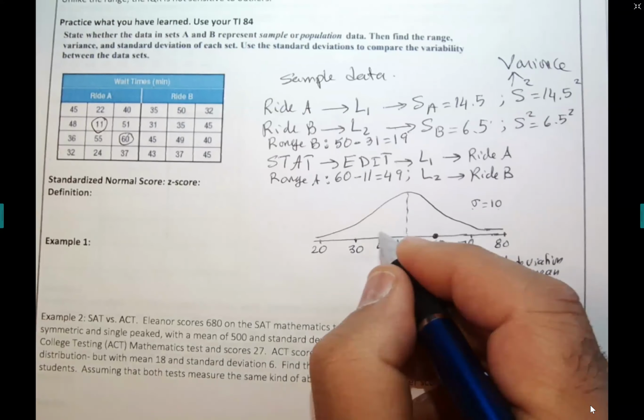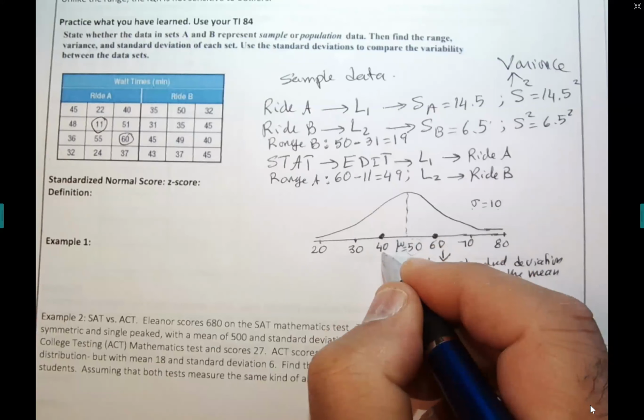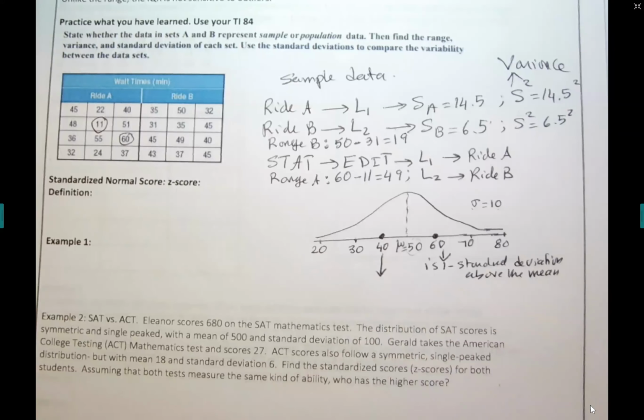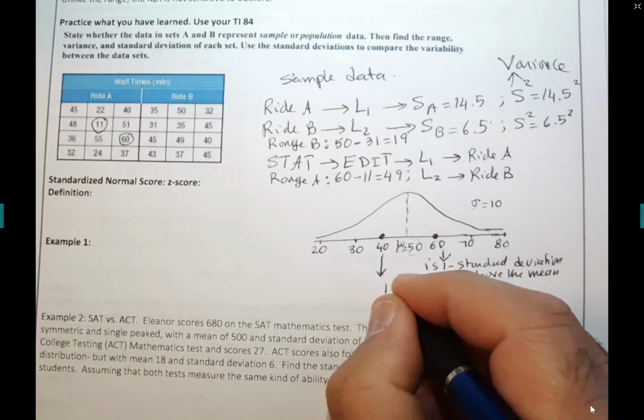What would you say about the student who scored 40 here? 1 standard deviation below the mean, because this person is 10 points below the mean. The mean is 50. So that's 1 standard deviation below.